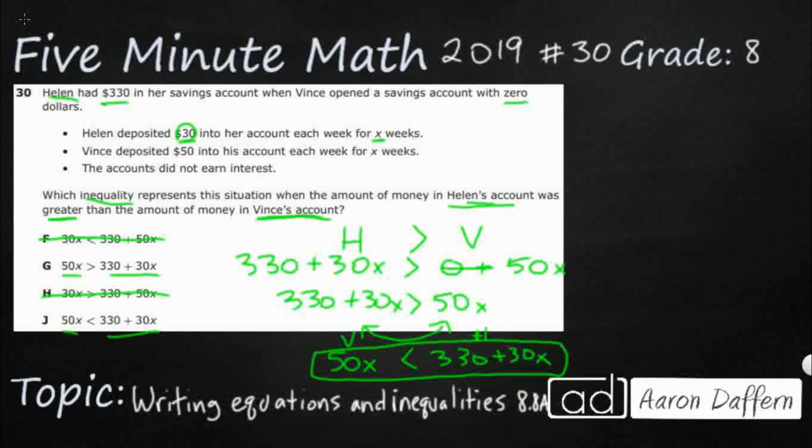So G and J are completely identical. The only difference is the inequality. So this is why it's very important. The opening is going towards the 330 because that's Helen's side. So it's going to be this J right here: 50x is less than 330 plus 30x.